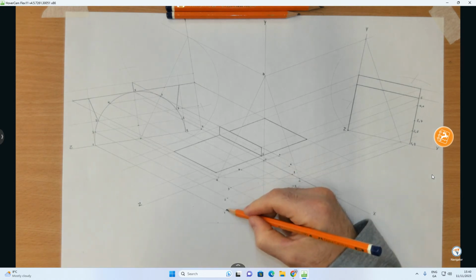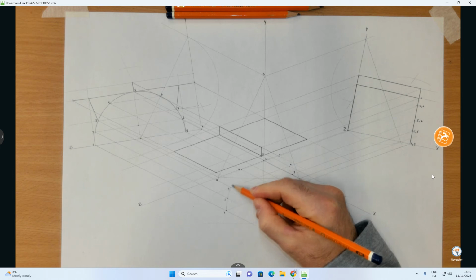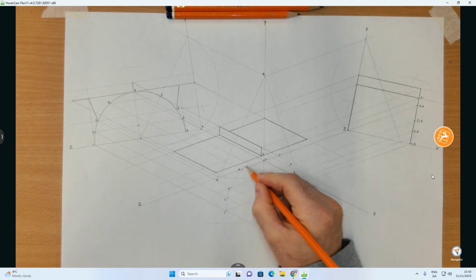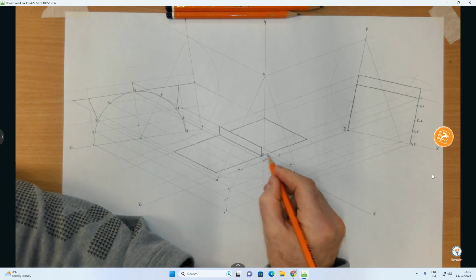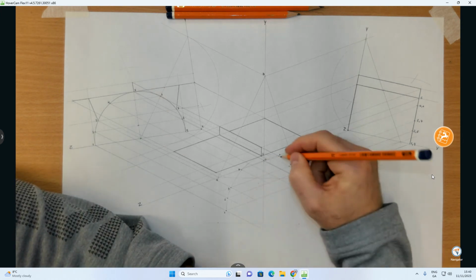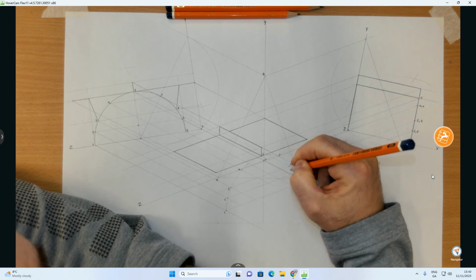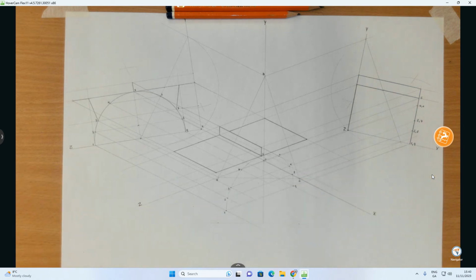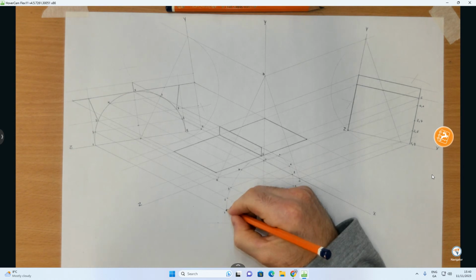So all we do is we freehand it in. So I'll do it ever so lightly first, try and be as smooth as you possibly can. 5, 6, 6 into the 7, down to the 8, and the 9. And just with my pencil now, a darker pencil, going to go over that.